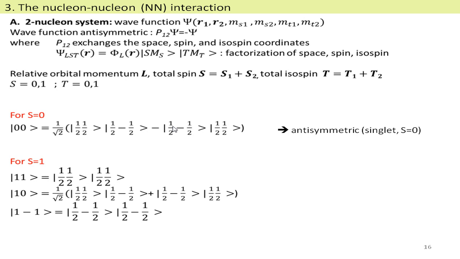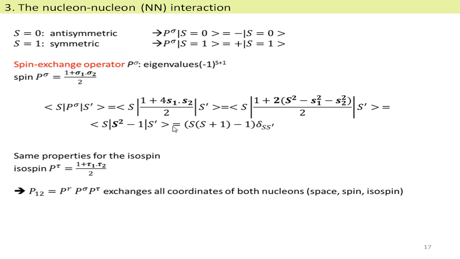But you can see here that if you exchange the two nucleons, so nucleon 1 and nucleon 2, you get the same wave function. Exactly the same, there is no sign change. So this S equals 1 state, which is called triplet state because there are three possibilities, is symmetric. Okay? So that will be important for the rest of the discussion.